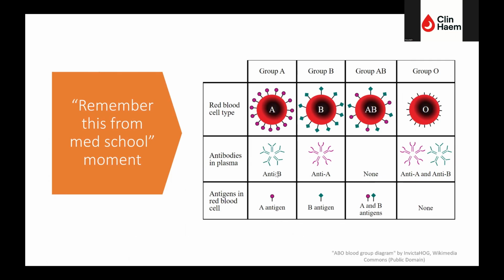So what happened in our lady is that she was blood group O and she was given blood group A. So she was O, which means she has naturally occurring anti-A and anti-B antibodies. And when she was transfused the A blood group, the red cells in the donated blood had lots of A antigens on them.